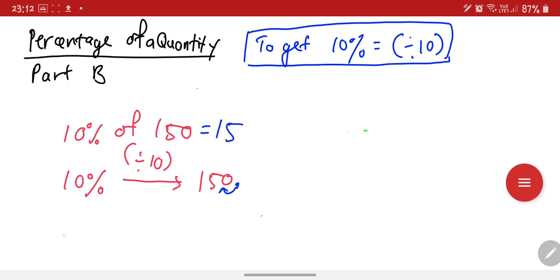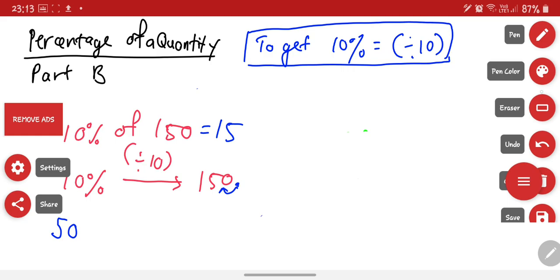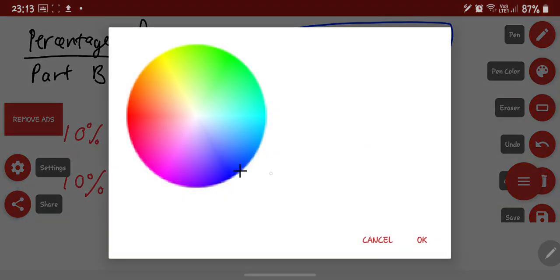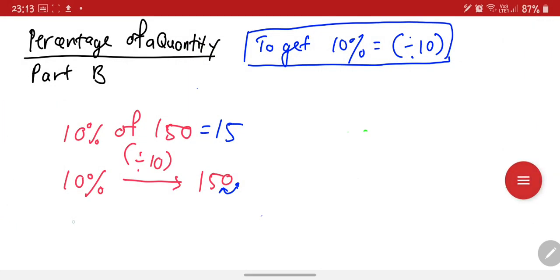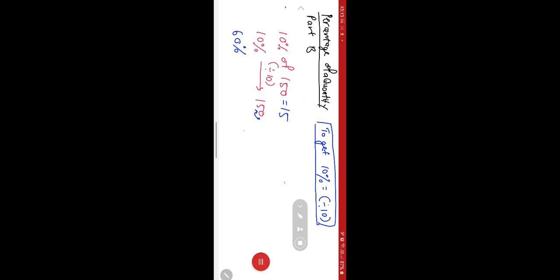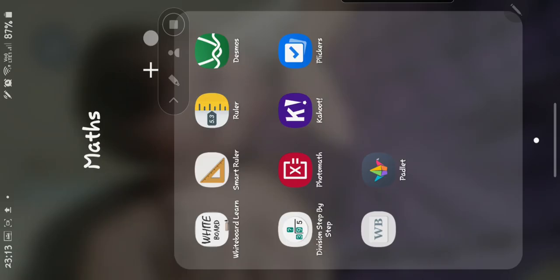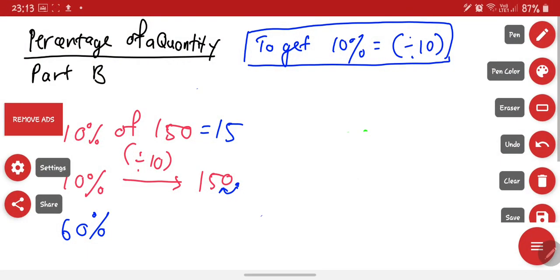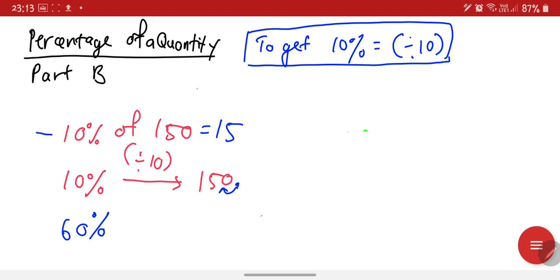So let's say you are asked to get 50%. Oh no, this one is a bit easy. Let's say you are asked to get 60%. Looking at the number here, you know that 10% is 15.